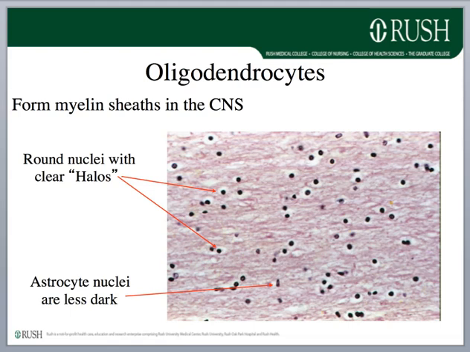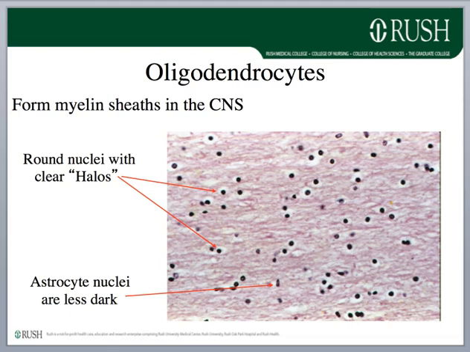Next, we turn to oligodendrocytes. These are cells that form myelin sheaths in the CNS. These can generally be identified on H&E stained sections by their round nuclei with these clear halos that are identified by the arrows.